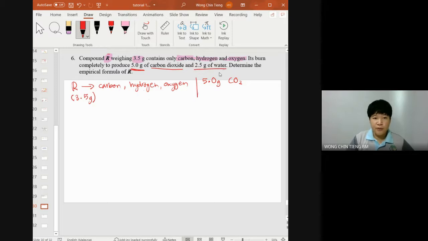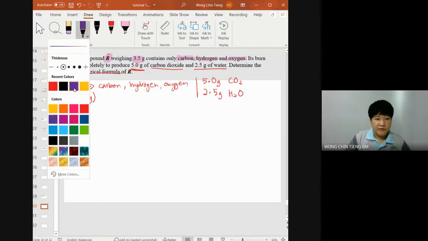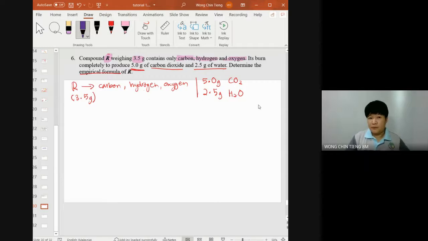I have 2.5 gram of water. Question asking only for the empirical formula of R. Kita nak buat soalan ni. Okay? So if you have any question, you can ask and stop me straight away. Soalan macam ni, kita kena dapatkan dulu mass of carbon, mass of hydrogen, and also mass of oxygen before you can calculate the empirical formula.